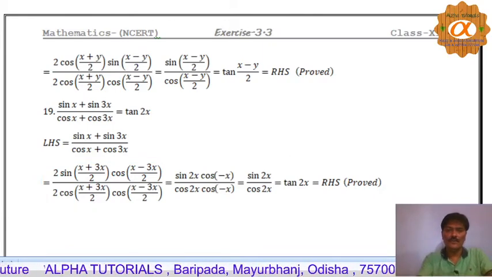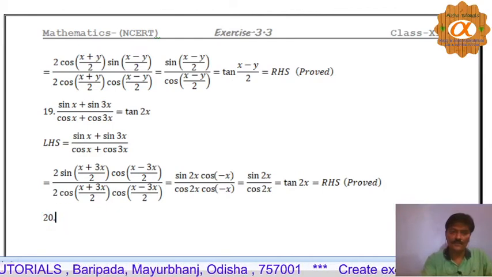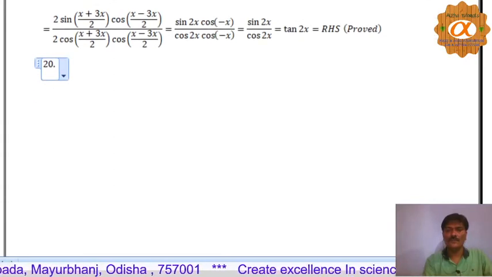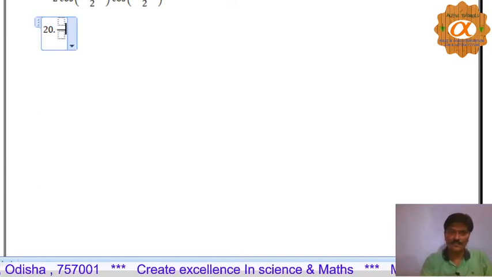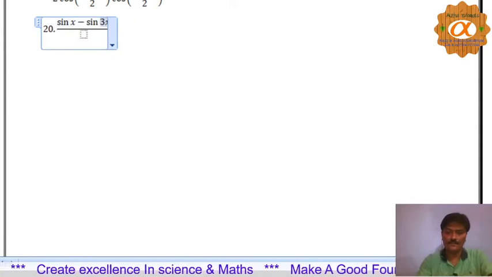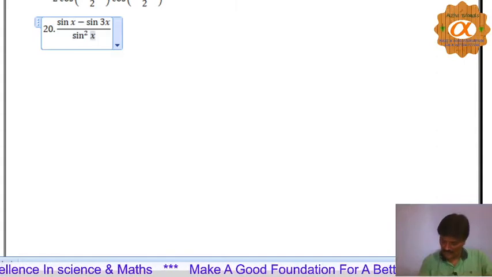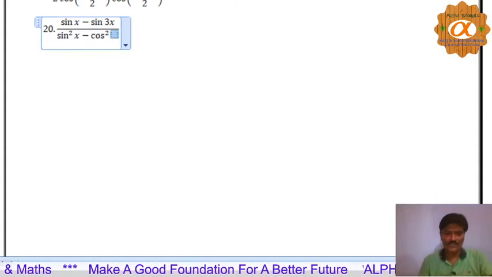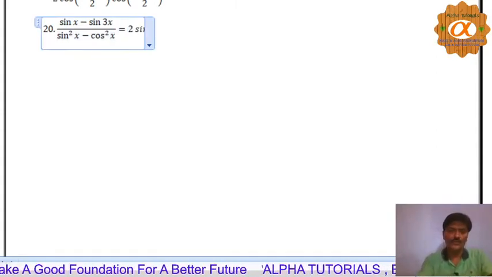Now we go to question number 20. In question number 20, it is given as a similar question: sin x minus sin 3x by sin square x minus cos square x, and we have to prove that it is 2 sin x.